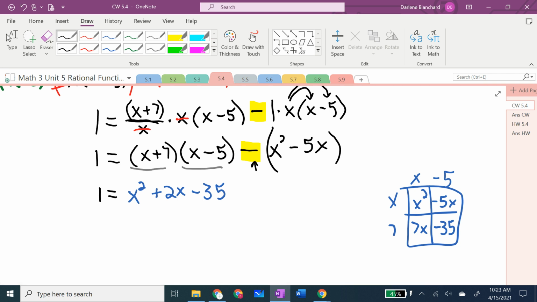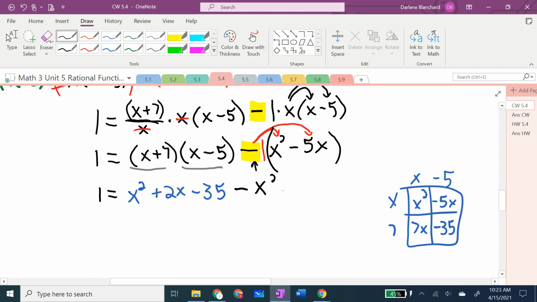Then the minus sign. And I can be ready for adding like terms as long as I distribute the subtraction. What you're really doing is distributing a multiplication by a negative 1. That's going to give me negative x squared, or minus x squared, I should say.